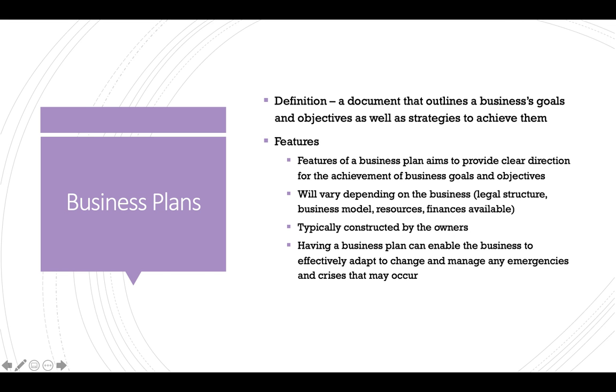Okay, so as we can see in the definition and the very first feature, the features of a business plan aim to provide clear direction for the achievement of business goals and objectives. Okay, so a business plan not only outlines the what, is your objective, but it also outlines the how. So how are we actually going to achieve this?